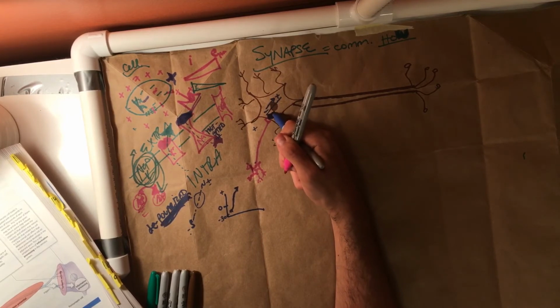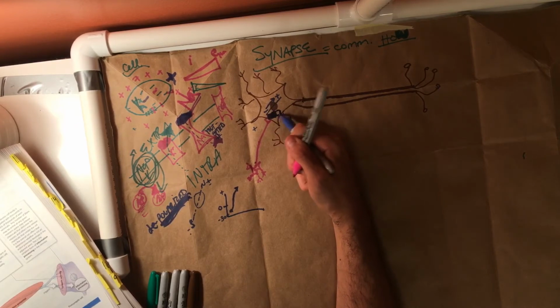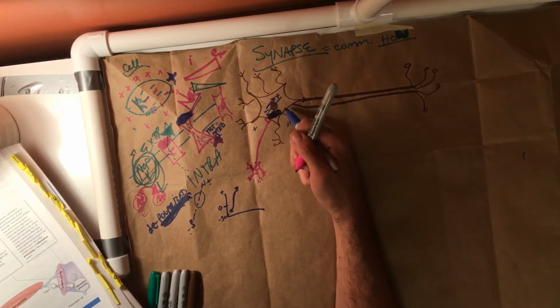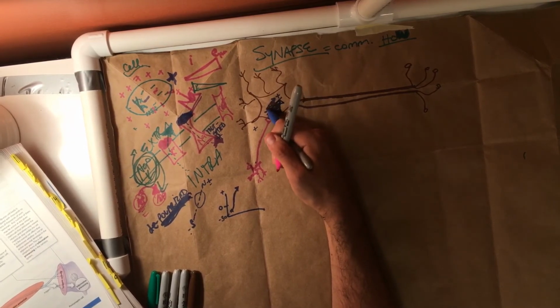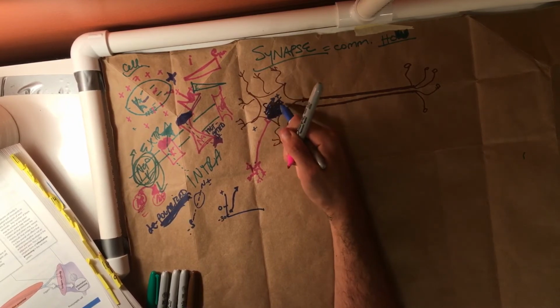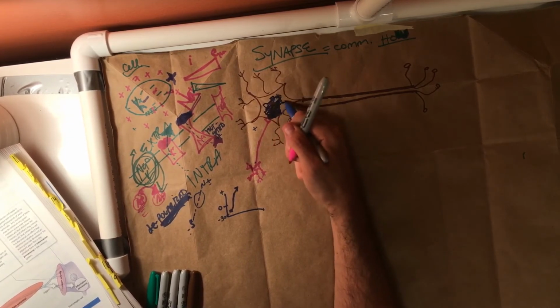And then that change in voltage can actually affect voltage-gated channels over here and depolarize that section, that section, this one, that section. And this wave of depolarization actually can spread.